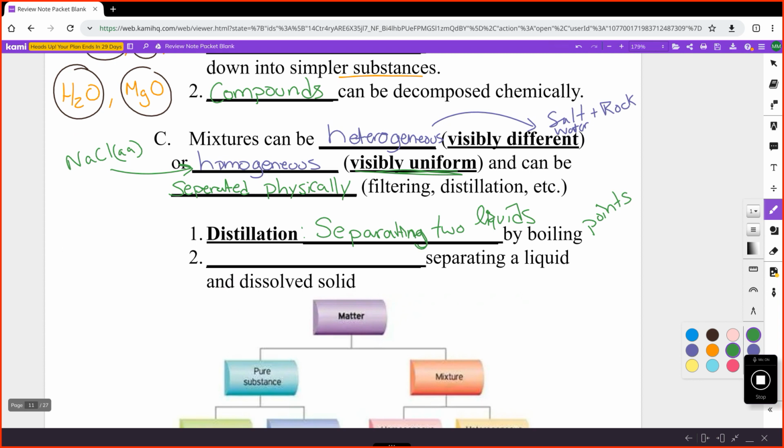And that's called distillation. It's a mixture. They haven't chemically combined, so we can use their physical properties to separate them. The other way is evaporation. Evaporation is when we're separating a liquid and a dissolved solid. So you have the salt dissolved in water. Well, all you have to do is boil away the water, and the salt gets left behind.